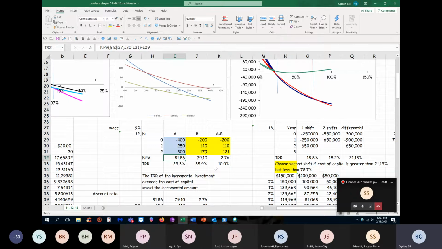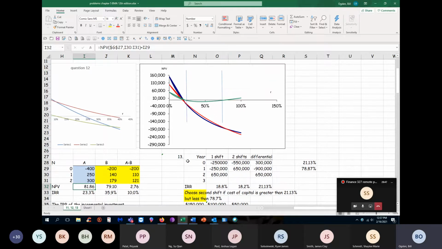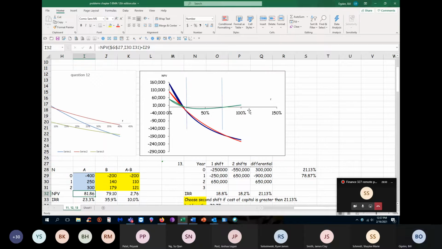Then on the last one, if you were to graph these, the graph would look something like mine, I would hope. Technically, you would choose the second shift once the cost of capital exceeds 21.13%.